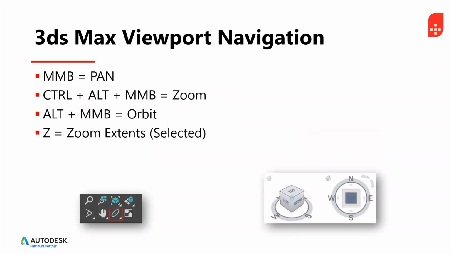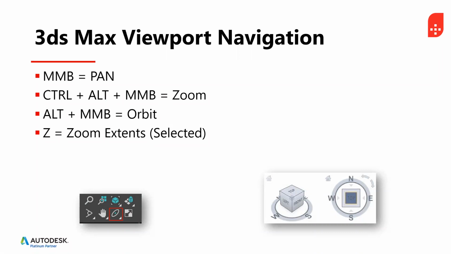A bit of viewport navigation. I know it's different. Although if you're using a 3Dconnexion 3D mouse, then navigation is similar as in Revit, in AutoCAD, and so on. Obviously, Max does have its own navigation: middle mouse button for panning, Control Alt middle mouse button for zooming, Alt middle mouse button for orbit, and the Z key for zoom extents.